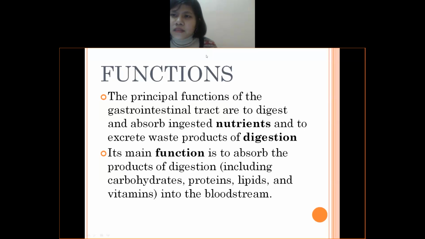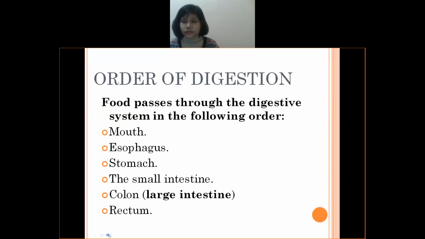Your voice is breaking. Yes, ma'am. Lipids means fats, which are insoluble. Is it clear? Insoluble means which can't be dissolved with water. Okay, continue.